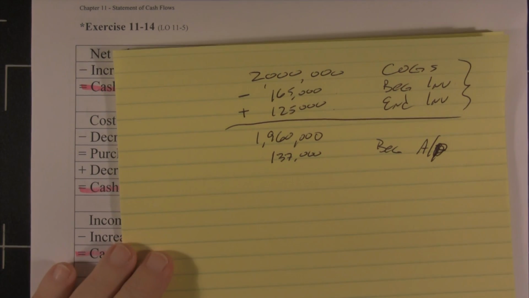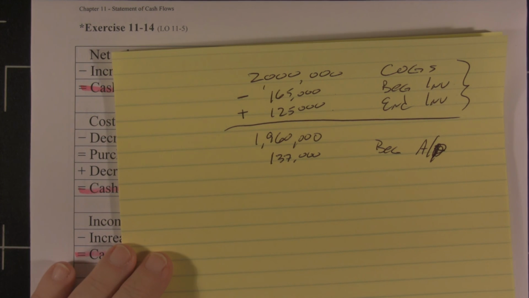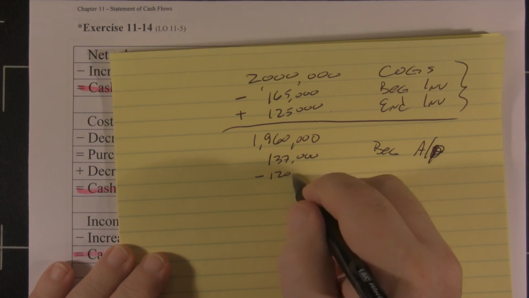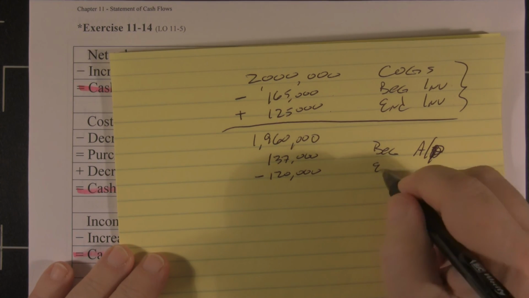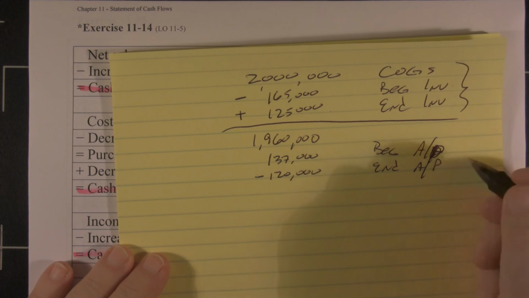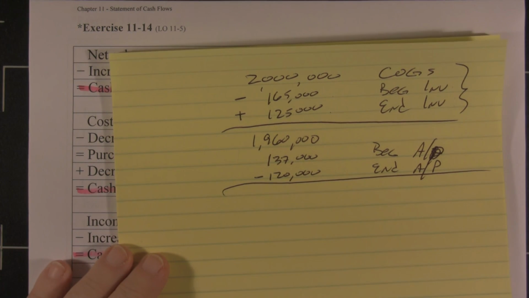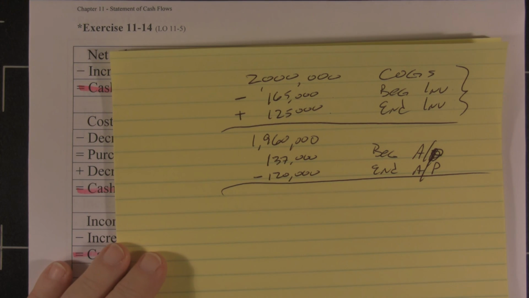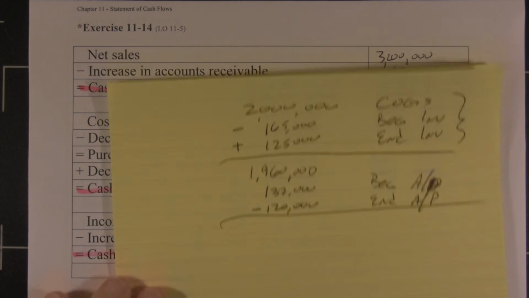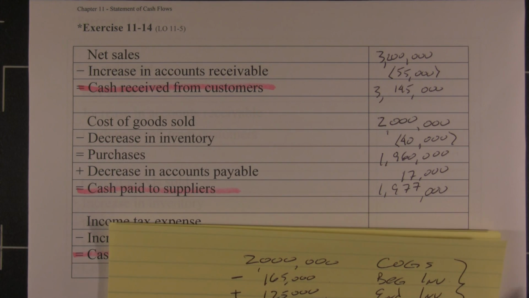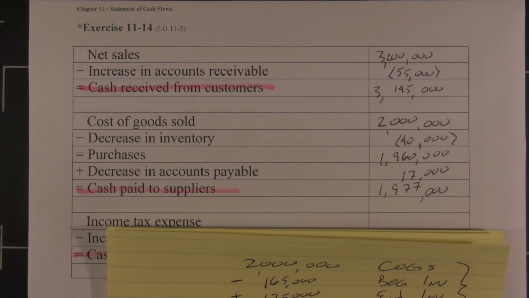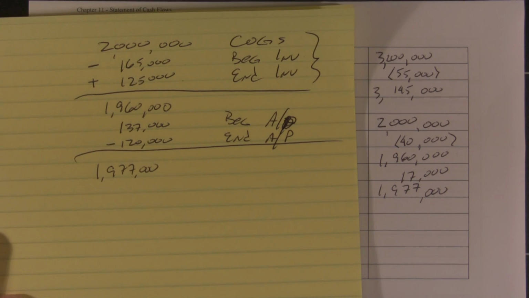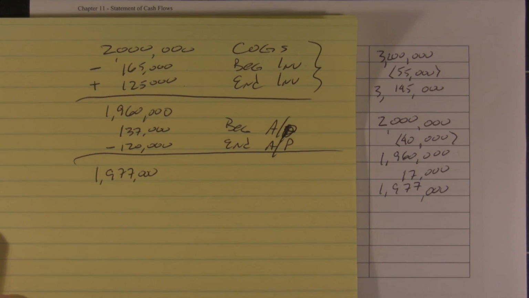Because we're not going to pay our ending accounts payable until next year. So we subtract that. That's our ending accounts payable. And if you take the $1,960,000, add 137, subtract 120, you indeed come up with $1,977,000. Again, they're the same method, it's just a different way of looking at it.